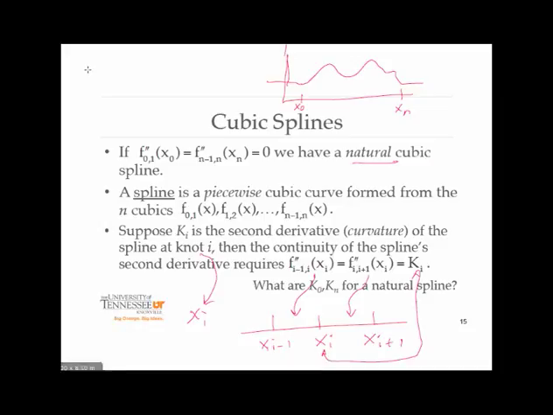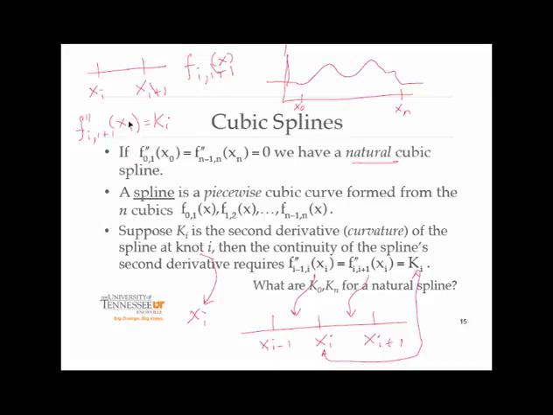If we look at this particular function, f_{i,i+1}, this cubic function living on that subinterval, when we compute the second derivative of this function, f double prime of i, i+1, and plug in x_i, we want to get k_i, this curvature, back.